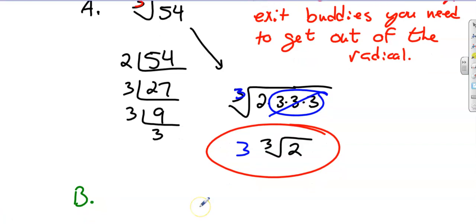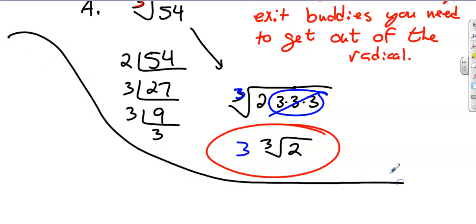So let's see if I can get one more number in. We're going to do the fourth root of, let me back up just a second here. This is at the very bottom of the page. So for B on this one, we'll do the fourth root of 162.